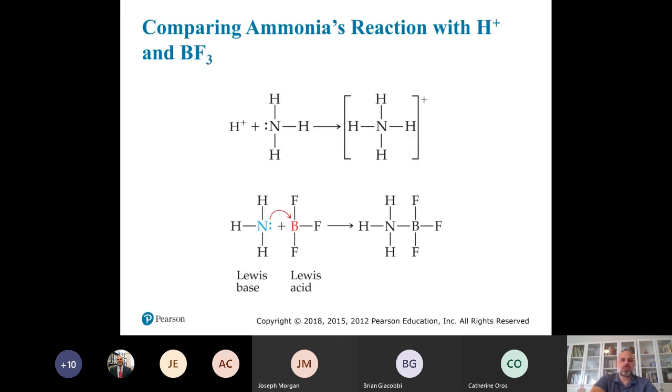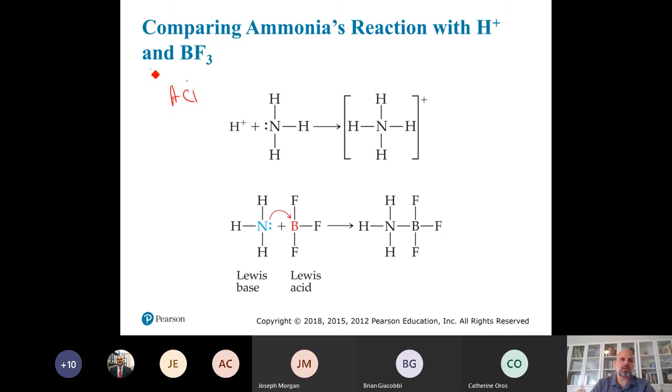So what does this mean? If we compare ammonia's reaction with hydrogen and ammonia's reaction with BF3, in this case, let's just say the proton came from HCl.